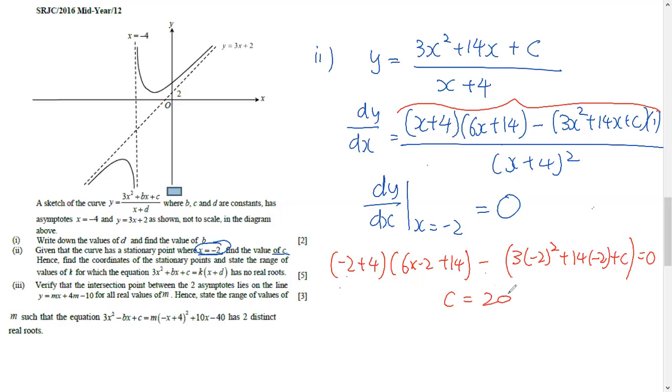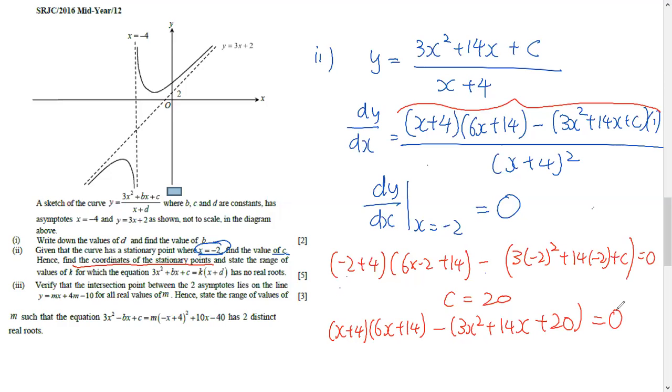We are asked to find the rest of the coordinates of the stationary points. We will use back the equation we have here, which is the numerator: (x + 4)(6x + 14) minus (3x² + 14x + c). Now we have the value of c, which is 20, and set it equal to 0.